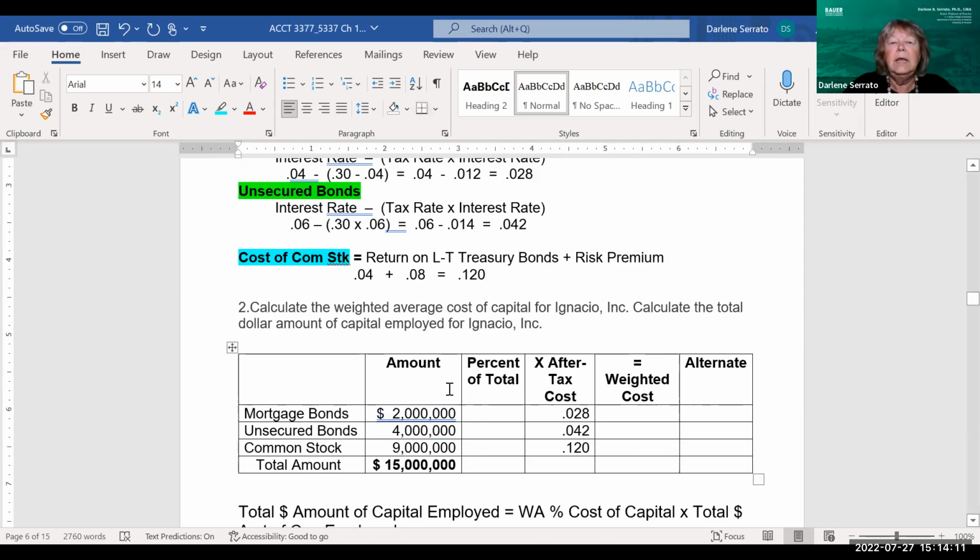So we need to figure out what percentage of the total amount that we're employing will be from mortgage bonds.